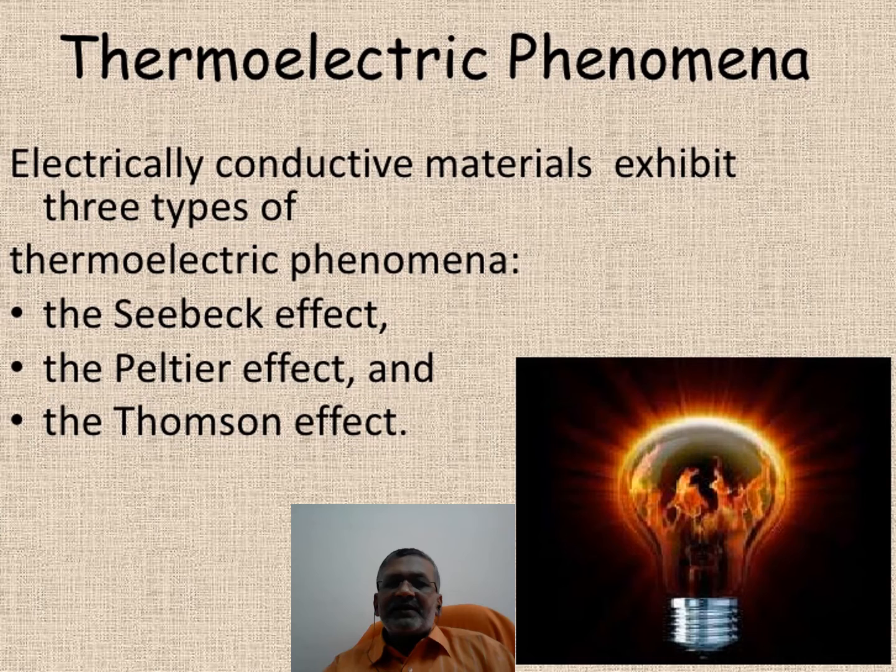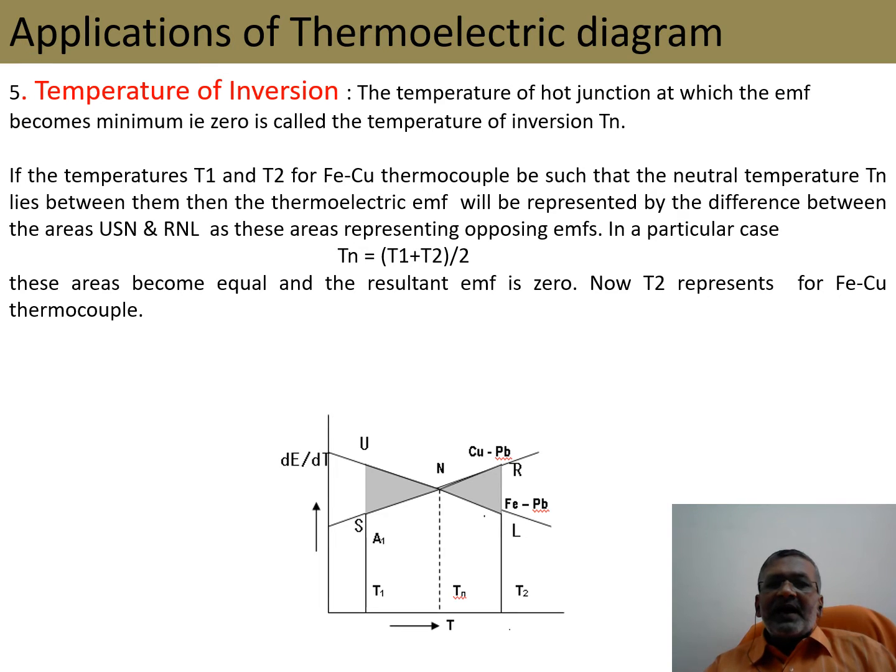We know the thermoelectric phenomenon, where two dissimilar metals are kept at two different temperatures, can be explained by three effects called Seebeck, Peltier, and Thomson. And the last application among thermoelectricity is the application of the thermoelectric diagram, among that temperature of inversion.